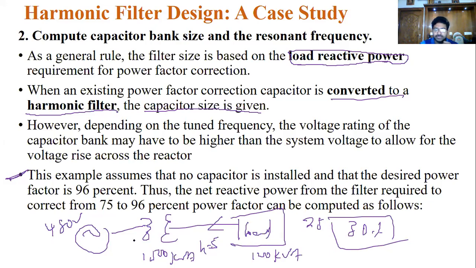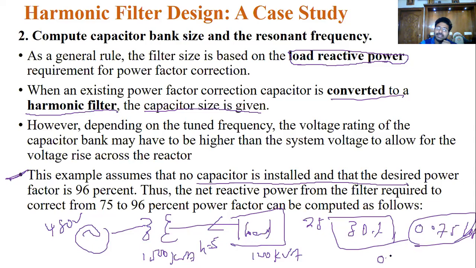For this example, we assume that no capacitor is installed and that the desired power factor is 96%. What power factor is given in the example? 0.75 lagging, a very poor power factor.